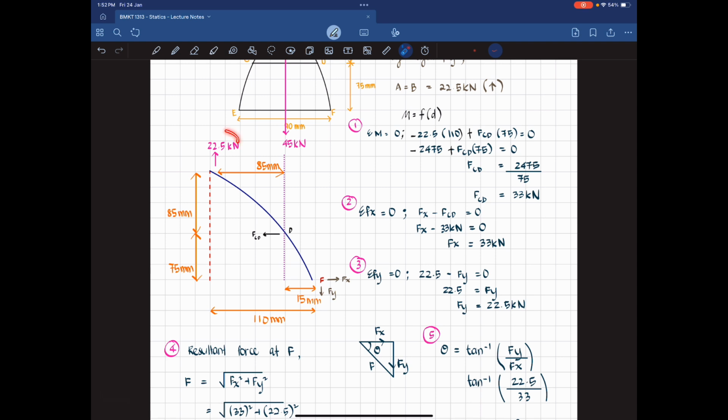For the 22.5 kilonewton force, why do we put negative? Because it is clockwise. And for FCD, why do we put positive? Because it is anti-clockwise. Then times the distance, which is the one we found, and the 75.